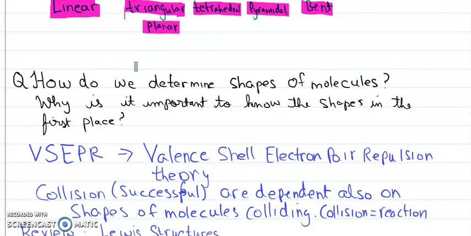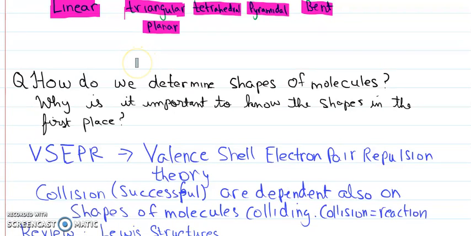Now, that's not the only factor, there are other factors, but this is one of them. The shape of a molecule will determine whether the collision is successful, and if the collision is successful, that basically means that a reaction could occur. And chemistry is all about reactions.